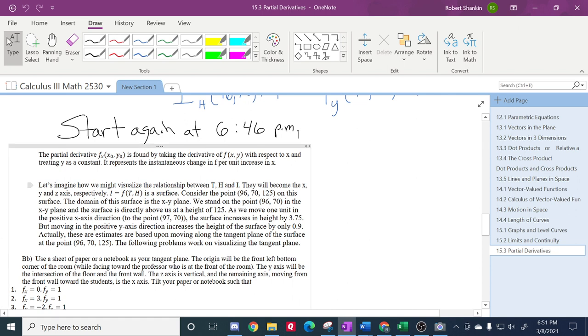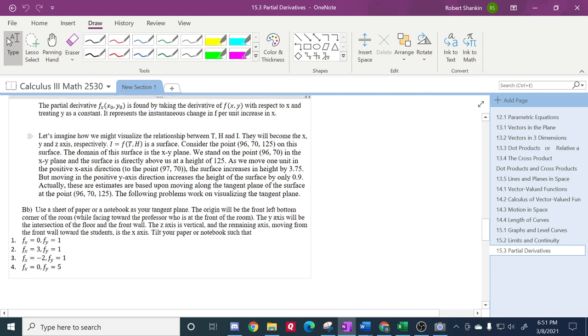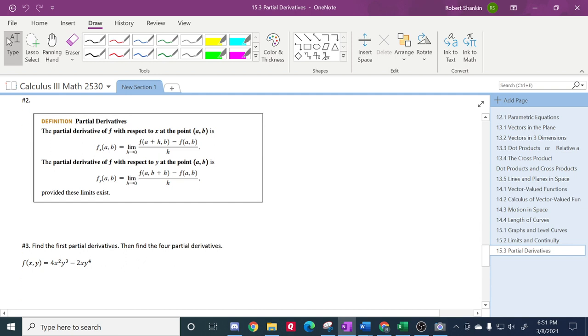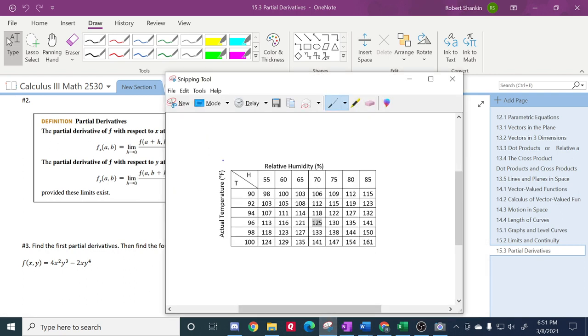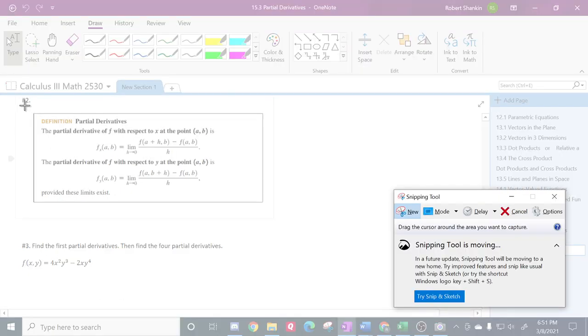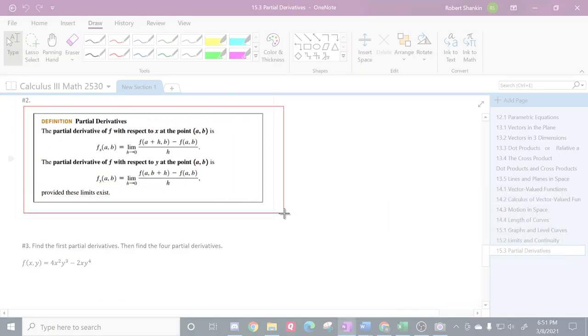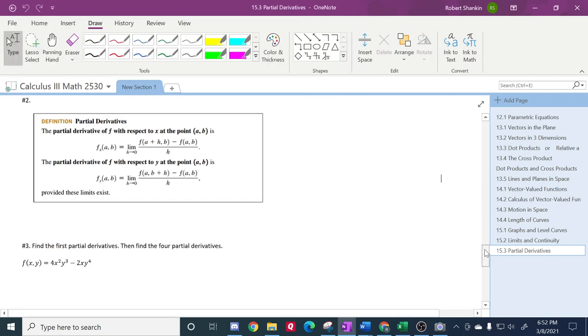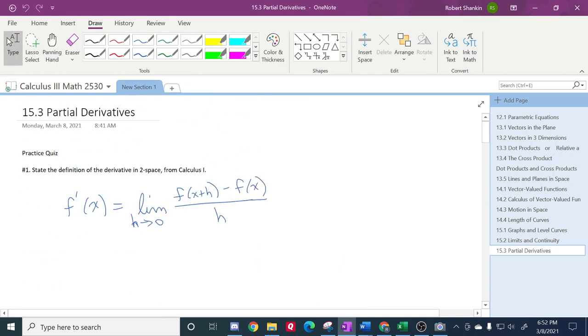Here's some interesting visualizations about partial derivatives. But let me jump over to the definition of partial derivatives. Look at this definition, let me place it next to our definition in two space.